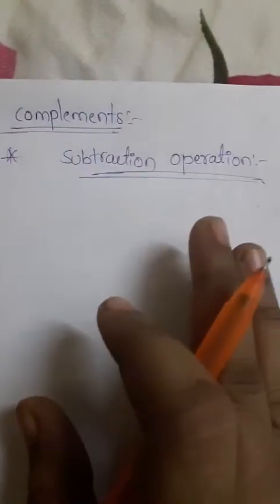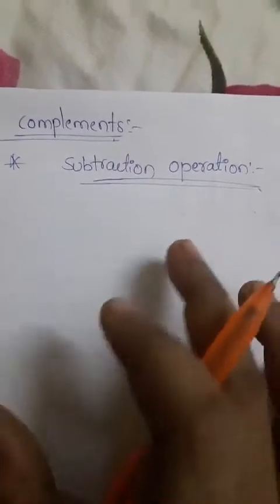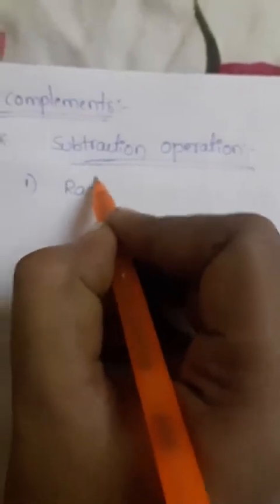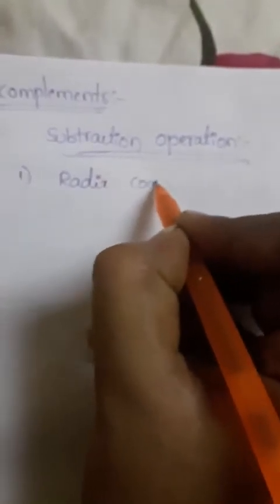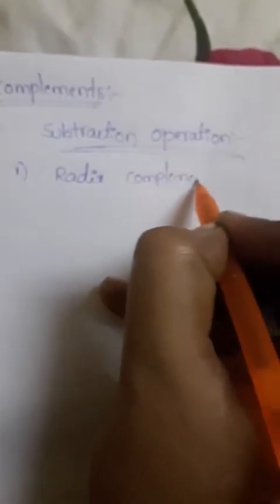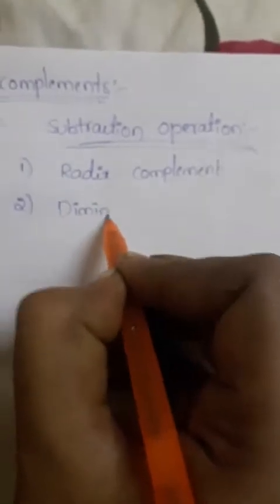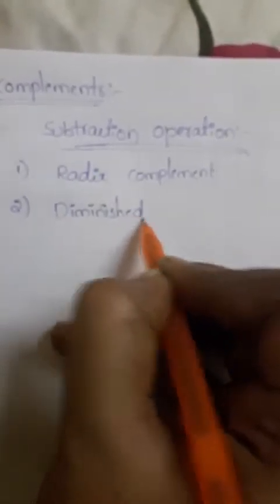Okay, and here, complements are classified into two types. The first one is radix complement, and the second one is diminished radix complement.